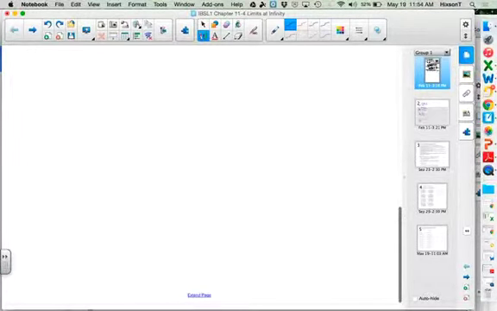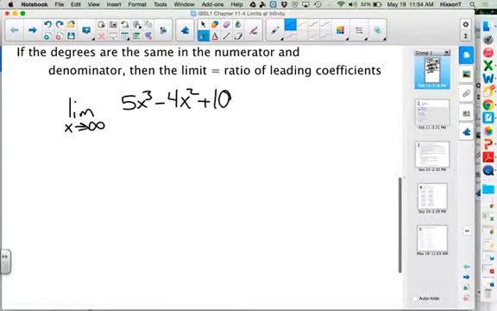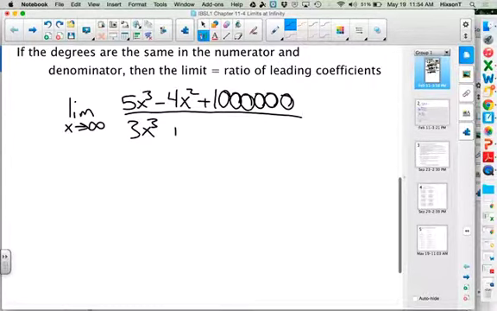Now, let's just look at one like this. Let's say we've got 5x cubed minus 4x squared plus this, and then we have 3x cubed plus 1 in our denominator.